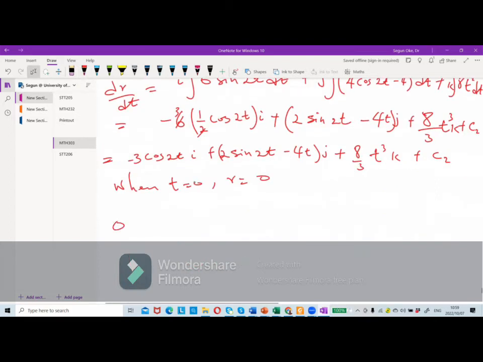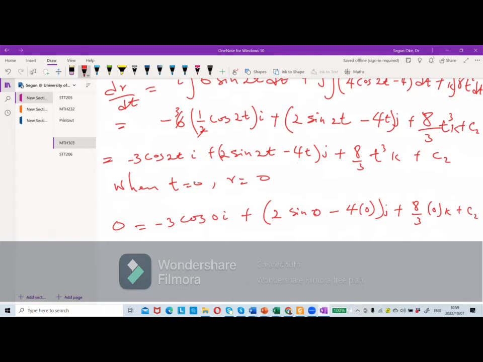You have 0 equals negative 3 cos 0 i plus 2 sin 0 minus 4 times 0 j plus 8 over 3 times 0 k plus c2.